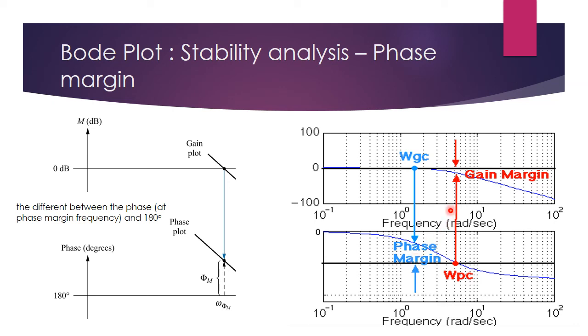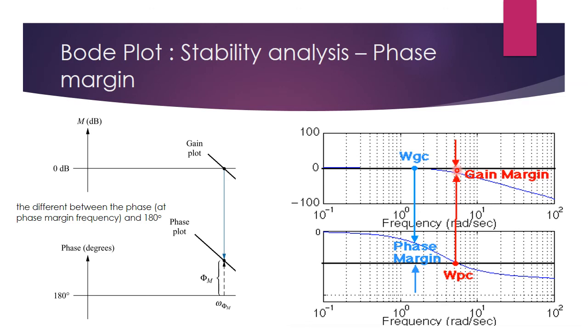There is another margin which is gain margin. Gain margin is the other way around, but identifying the phase margin is sufficient in order to analyze the stability of your system. So what is gain margin? You identify the point when you are at minus 180 degrees, you plot up into the gain, and you can see the difference between your current gain and the gain of zero, or unity gain.